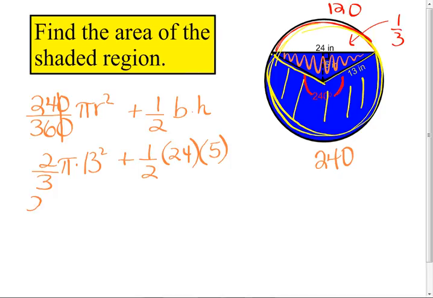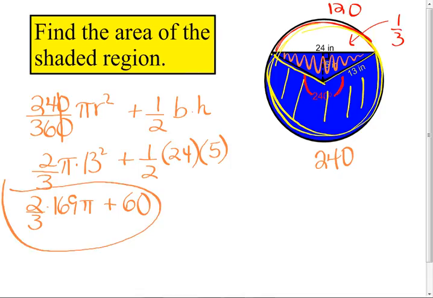So this is going to be 2 times 169 pi plus, and we just did that, it's 60. And that's your answer, although you could multiply 2 times 169. Let's do it the other way. There's another way you could do it.